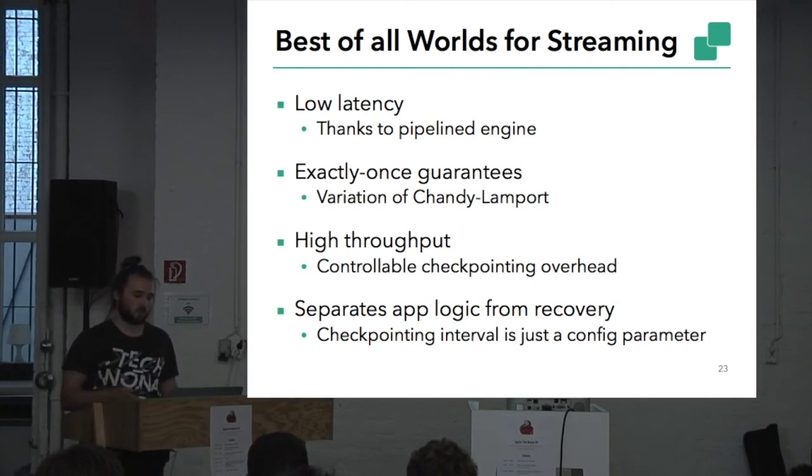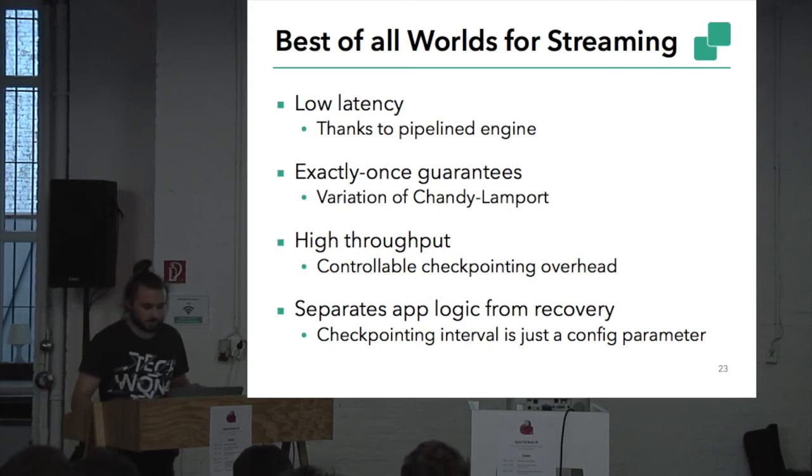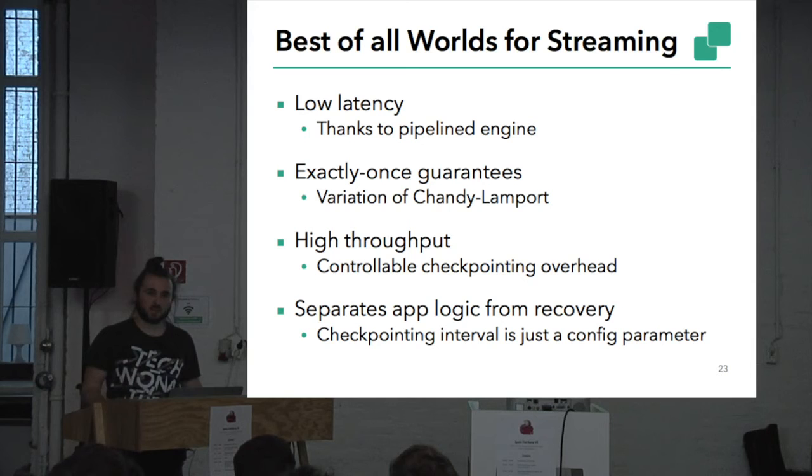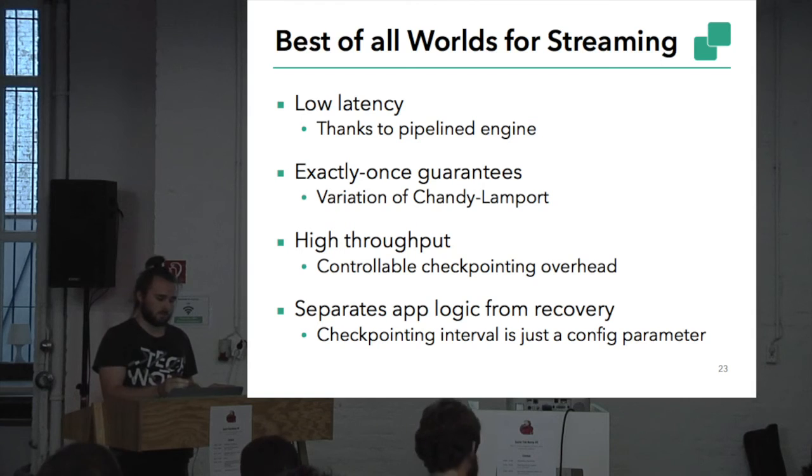And one very good point is that it separates the logic from the recovery. So in this mini batches approach I mentioned earlier, the system becomes very dependent on how big these mini batches get.